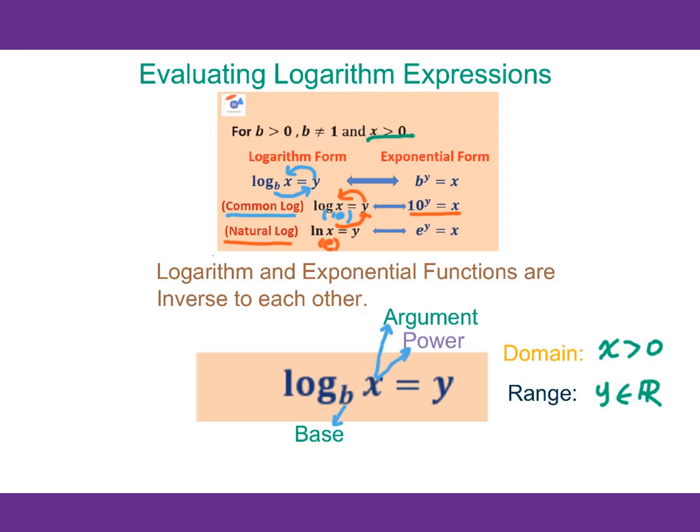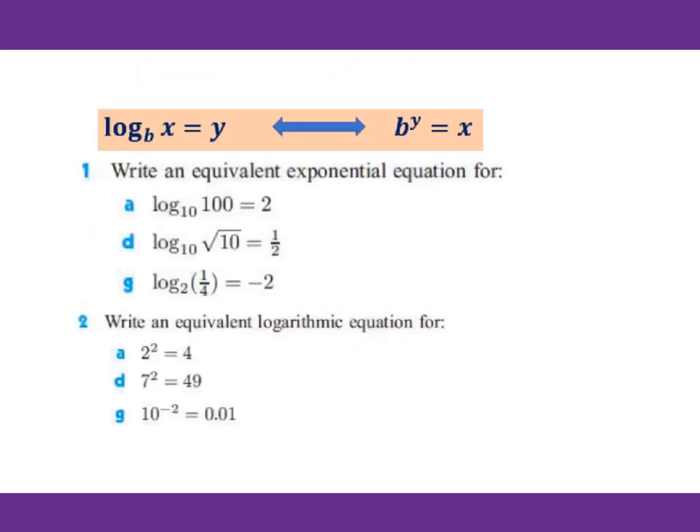That's why e to the yth power equals x. e is a special number, just like pi is an irrational number. It equals 2.71828 and keeps going. Let's go to some examples.